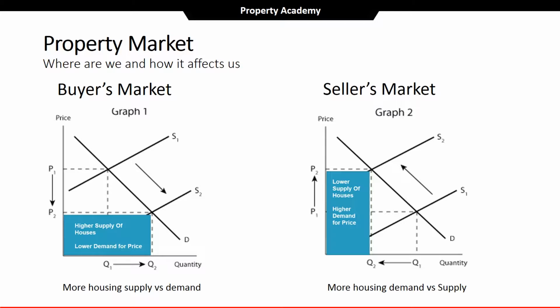And that's what will lead to a real lack of stock because of the ease of finance, that everyone's going out and obtaining finance and pushing the prices up, that eventually the stock will kind of dwindle down and slow down as well. So those are the two main differences between a buyer's market and a seller's market, and hopefully that gives you an understanding of why we're actually in a buyer's market.